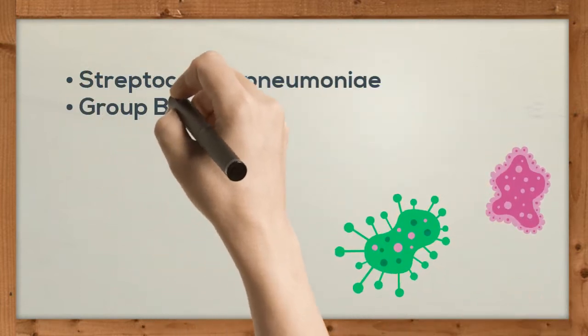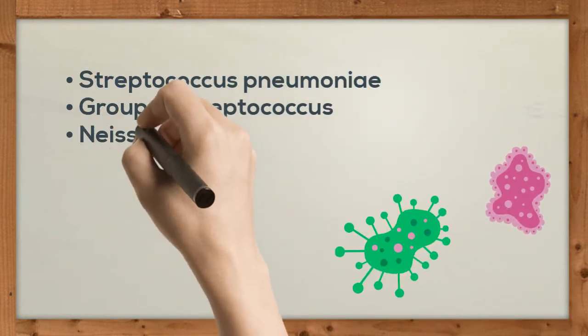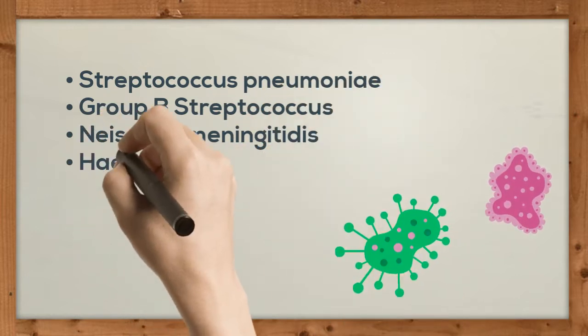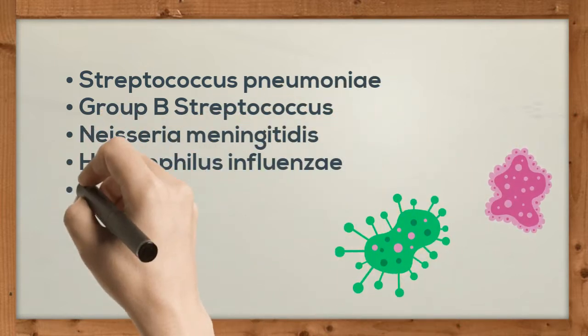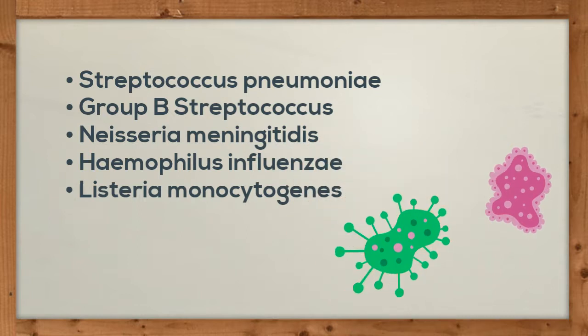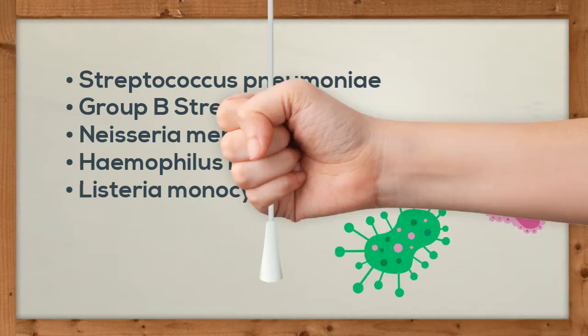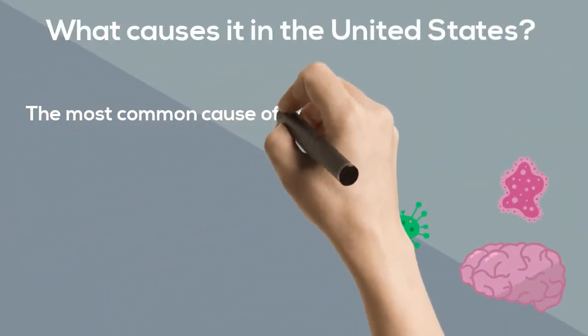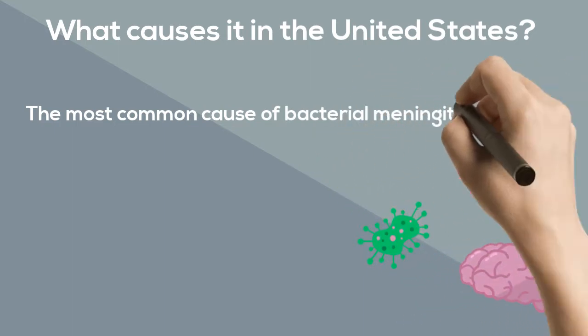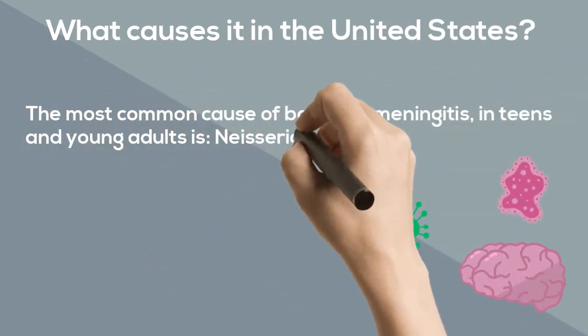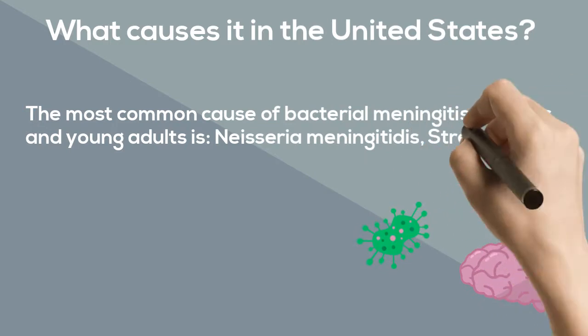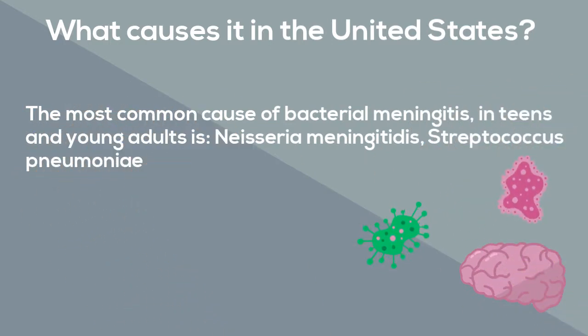Streptococcus pneumoniae, Group B Streptococcus, Neisseria meningitidis, Haemophilus influenzae, Listeria monocytogenes. The most common cause of bacterial meningitis in teens and young adults, which is the PAR that we are discussing, are Neisseria meningitidis and Streptococcus pneumoniae.